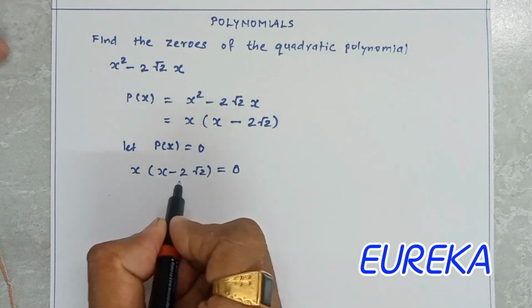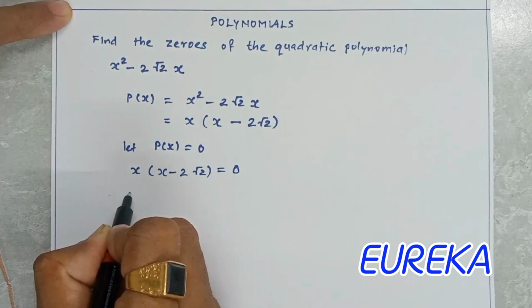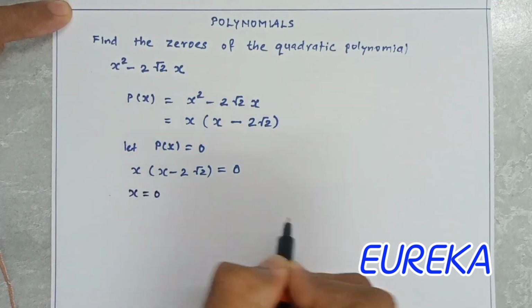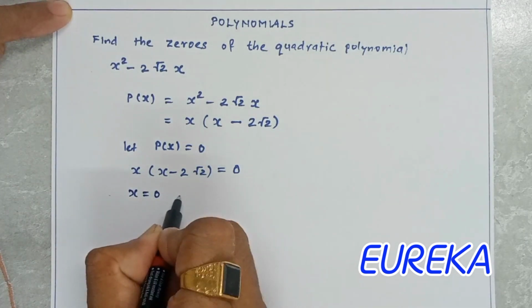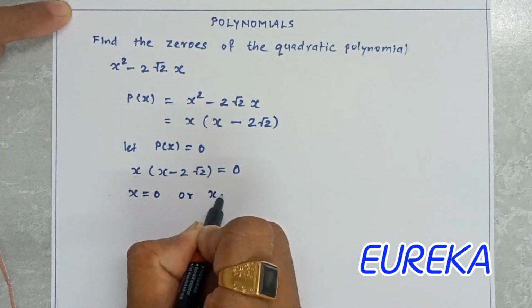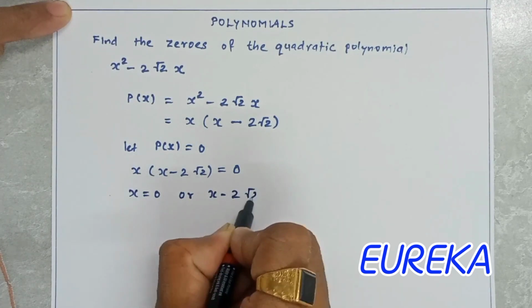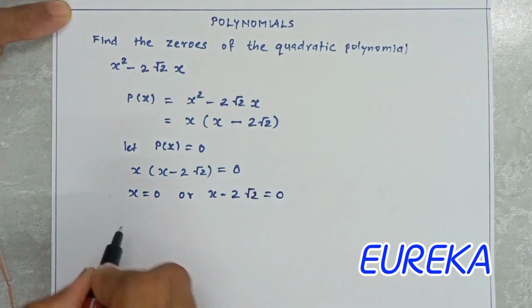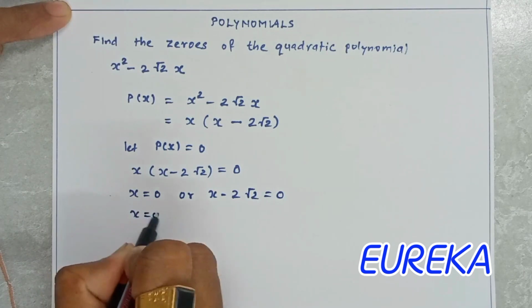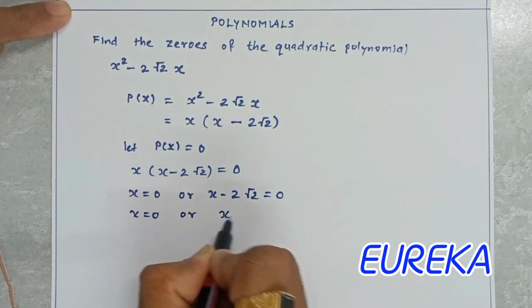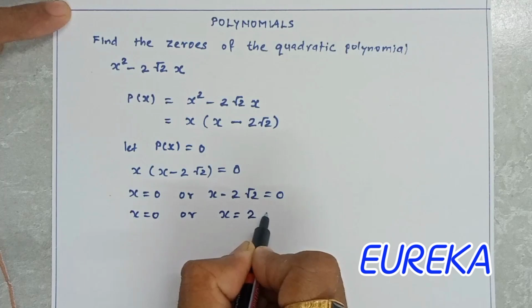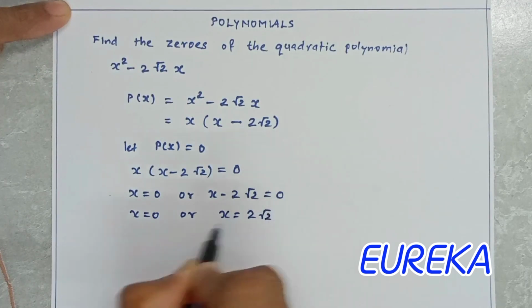So we can say that here x is 0, or x minus 2 root 2 is 0. We can say x is 0 or x equals 2 root 2. Now you understand how we got this?